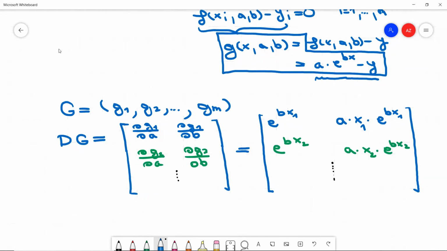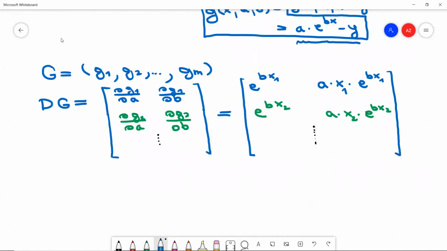So this is our setting. So we first choose a naught, b naught. This is the initial approximation.